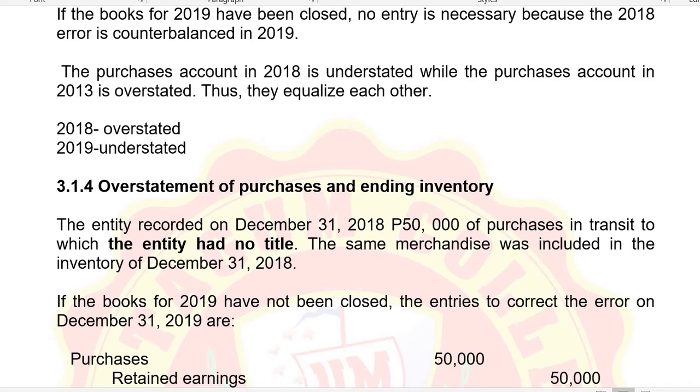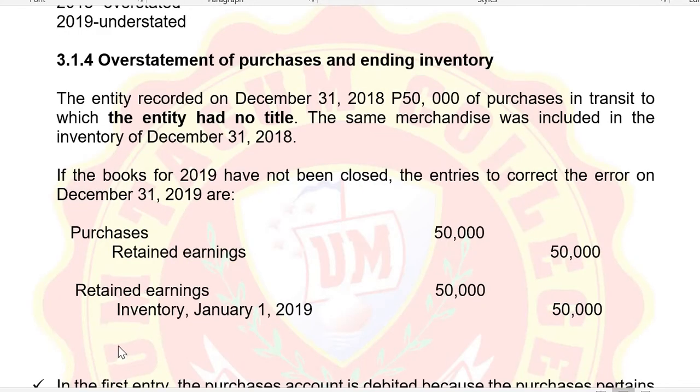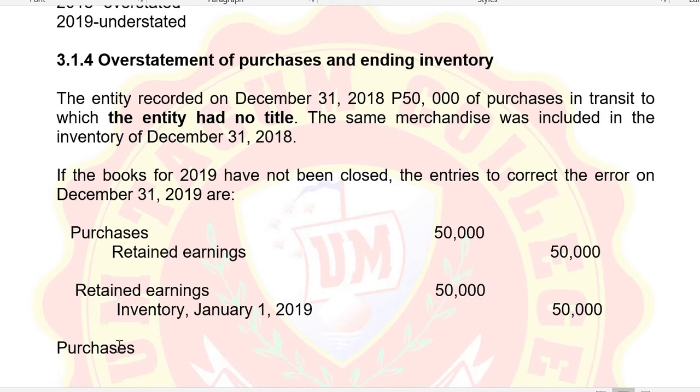So, we have two errors: error as to purchases, then error as to inventory. What is the effect on net income of the two errors? Since purchases are overstated, cost of goods sold is also overstated. When cost of goods sold is overstated, your net income is understated.